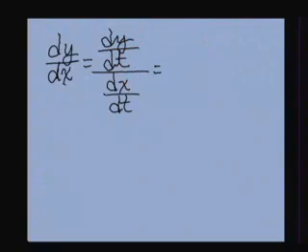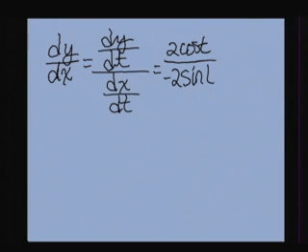So the derivative of 2 sine t would be 2 cosine t. We were told that x was equal to 2 cosine t, so the derivative of cosine is negative sine. So this would be negative 2 sine of t. And that simplifies all the way down to negative cotangent of t.